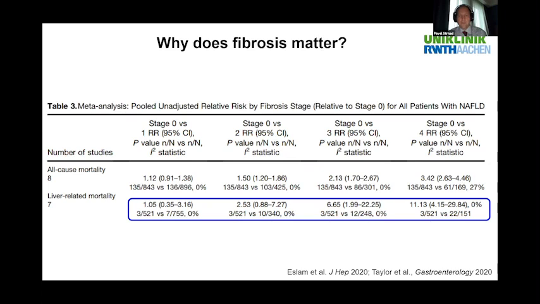Advanced liver fibrosis, here fibrosis stage 3 or 4, is associated with 6 times or 11 times increased liver mortality. So this fibrosis is useful to get an idea which patients are at risk to develop a life-threatening liver disease.